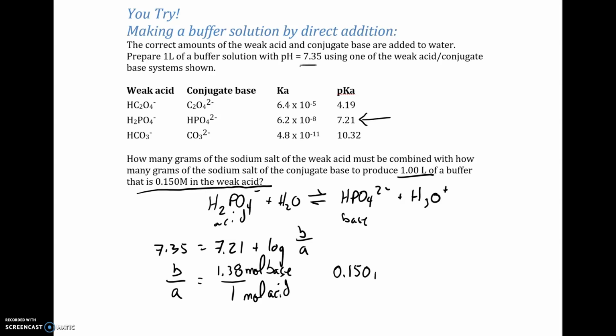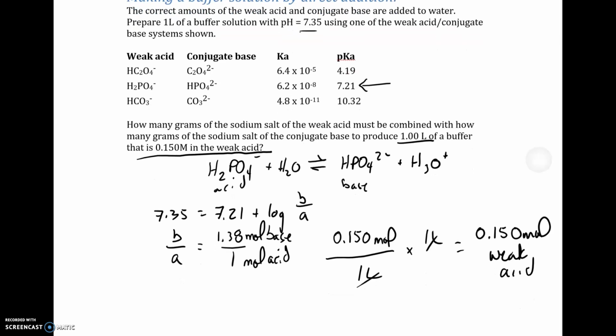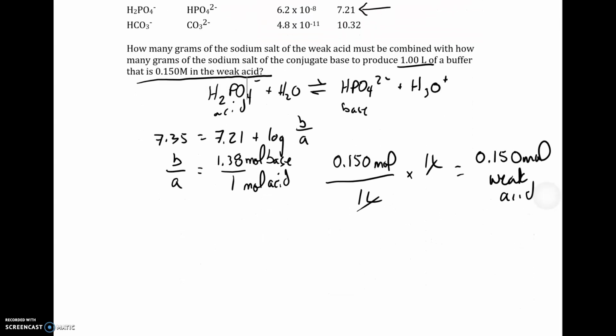Oh, I see. So you want to go mole per 1 liter times 1 liter. Yeah, so we're restricted. We have 0.15 moles of our acid. And now we can use our conversion factor that we just solved for using our Henderson-Hasselbalch to get the moles of our base.